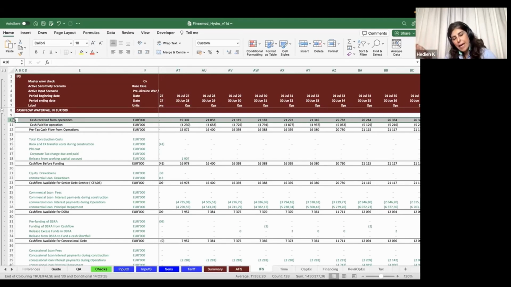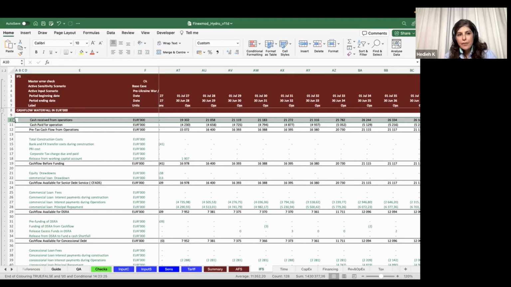So I need to put my hat as a technical advisor and really understand what is happening in the quantity side of this calculation. And then I need to put the hat of a market analyst and understand the price side. Once I'm comfortable with these two, then I can really understand what this revenue line is, the source of my cash in this project.